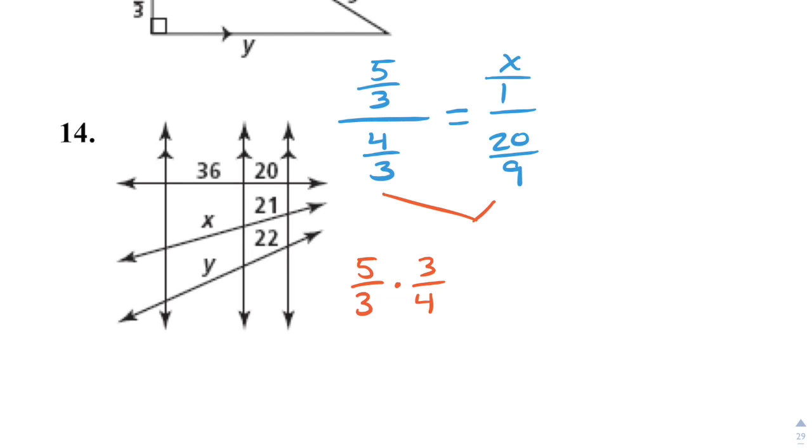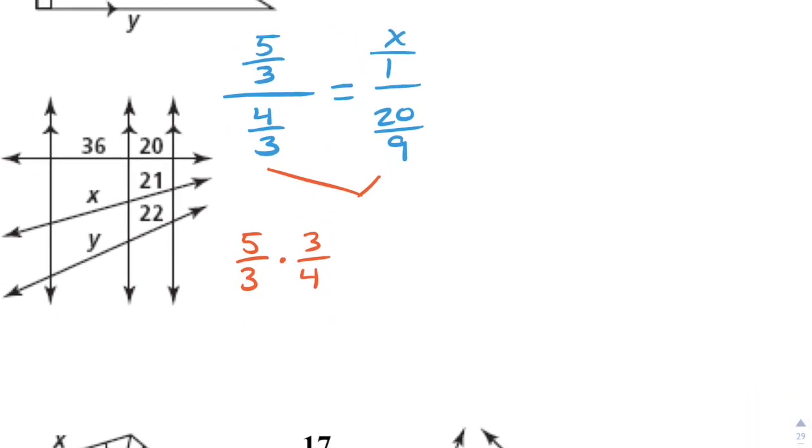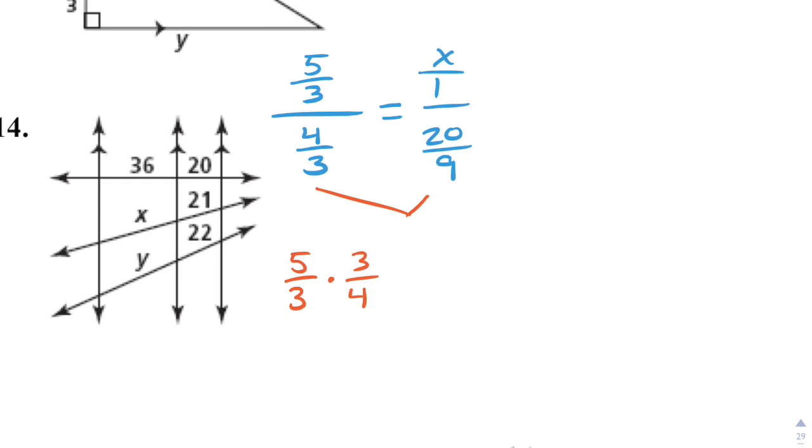So 4/3 and 3/4 are reciprocals of one another. So 5/3 divided by 4/3 is equivalent to 5/3 times 3/4. Flip it. And then over here, instead of calling it x, I called it x over 1 because it makes it easier for me to calculate. Multiply by 9 over 20.